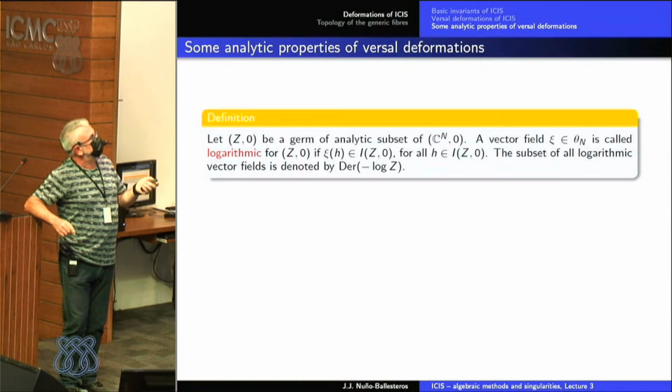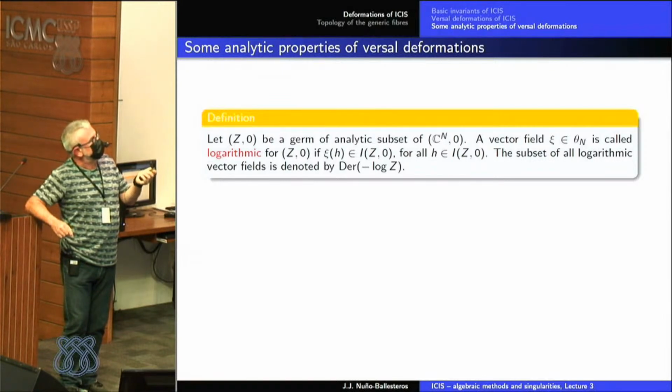So by definition, given a germ of any analytic subset Z in Cn, a vector field xi in the ambient space is called logarithmic for the analytic subset if when you take any function of the ideal of the subset, then the derivative of this function by the vector field also belongs to the ideal. Okay? So for any h which is in the ideal of Z, the derivative of h by xi belongs to the ideal.